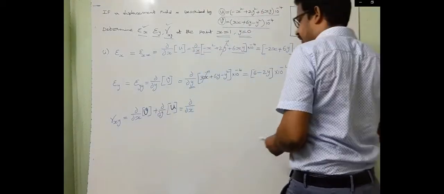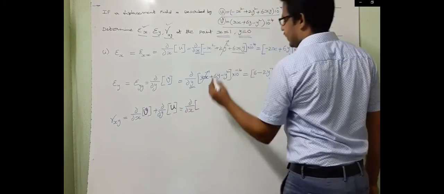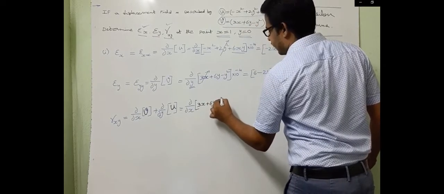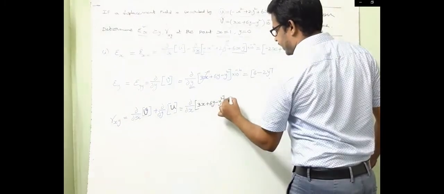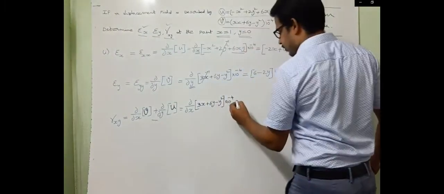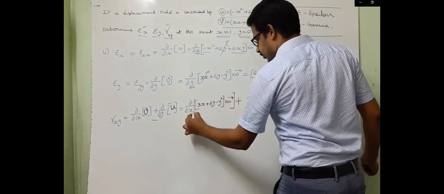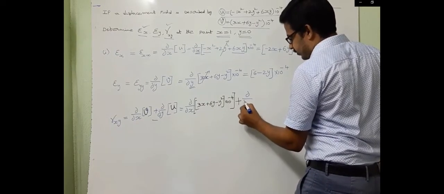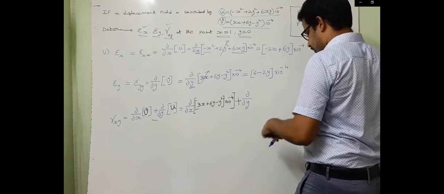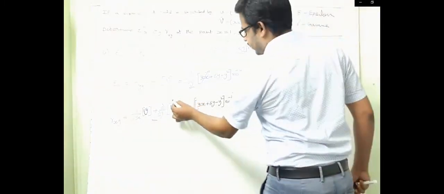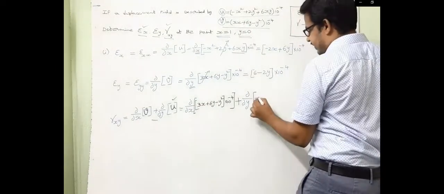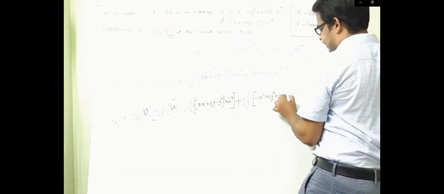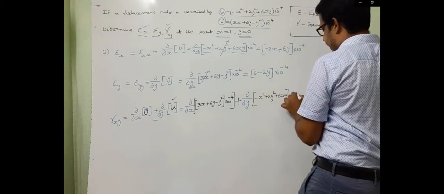The v value is 3x plus 6y minus y square into 10 power minus 4, and the u value is minus x square plus 2y square plus 6xy into 10 power minus 4.